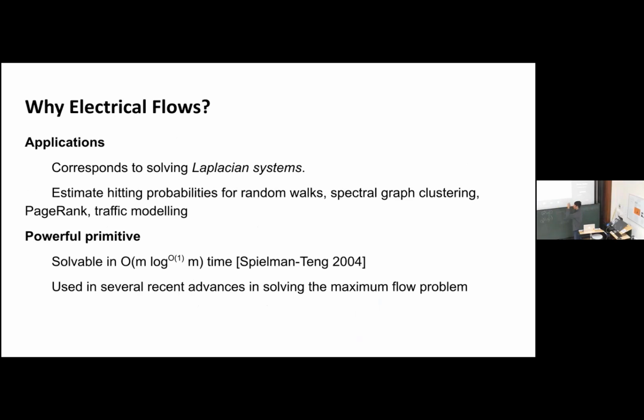They're a very powerful primitive, and they can be solved in nearly linear time due to seminal work of Spielman and Teng. In fact, this runtime has been improved. It used to be log to some large power. Now all the log factors have been removed. And it's been used in several recent advances on the Maxflow problem.